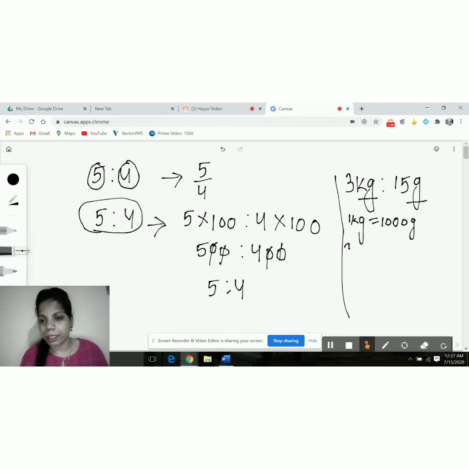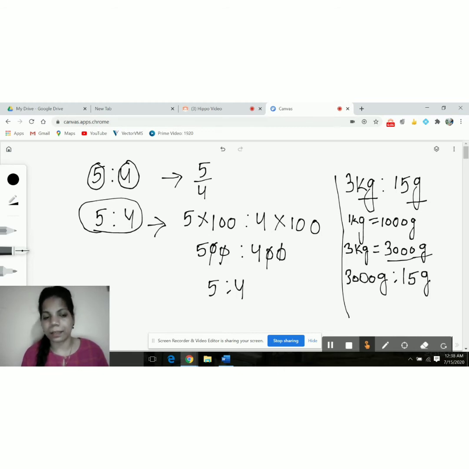Now 3 kg is equal to 3000 grams. Now I have converted kgs into grams, so now we can compare. 3000 grams is to 15 grams.